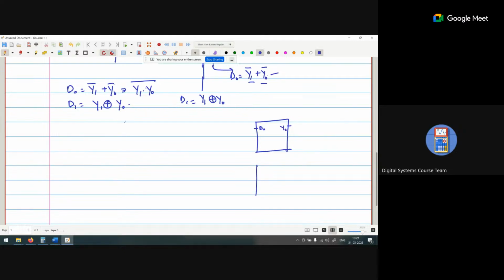If we are using one more flip flop, it is D1, it is y1. Clock will be the same clock. Now what is the equation of D0? That is y1 and y0 we are taking. We are using a NAND gate.